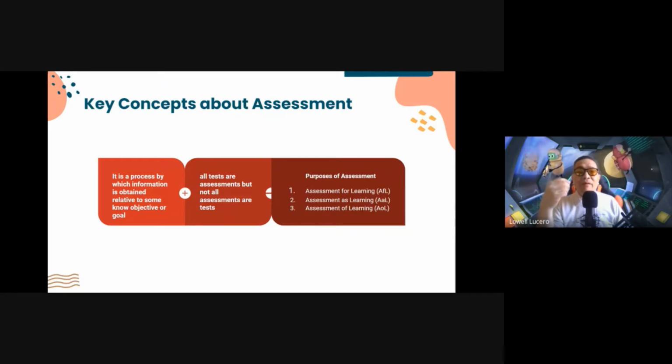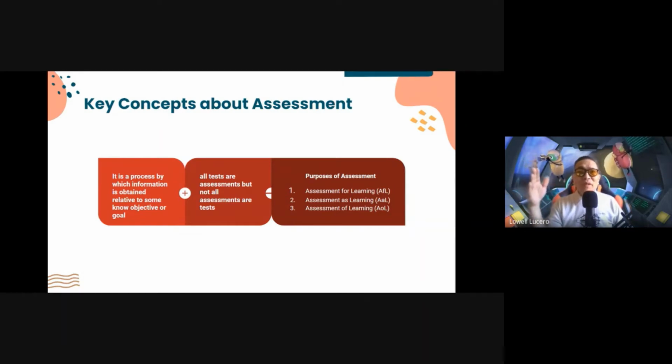But let me anchor on the definition, no? On this idea, on this concept, that assessment is a process by which information is obtained relative to some known objective or goal. The question is, why am I doing assessment? Bakit mayroon akong assessment? Sometimes teacher, no? These are actually actual observations in the field.